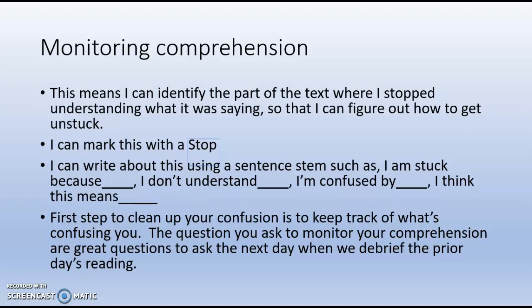Our final annotating strategy is monitoring comprehension. This means I can identify the part of the text where I stopped understanding what it was saying, so that I can figure out how to get unstuck. I can mark this with a stop sign, and then I can write about it using a sentence stem such as, I'm stuck because blank, I don't understand blank, I'm confused by blank, and I think this means blank.